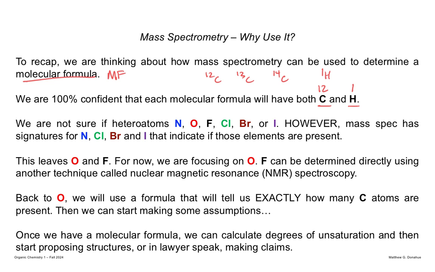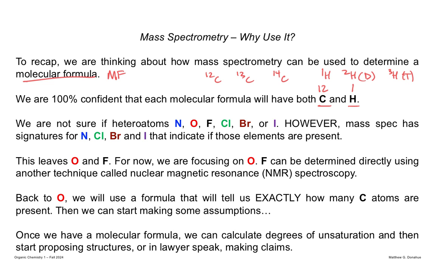Hydrogen is 1H. It has 2 isotopes, 2H, which is typically abbreviated as D for deuterium, and then a third one, which is T for tritium, and tritium is radioactive as well.